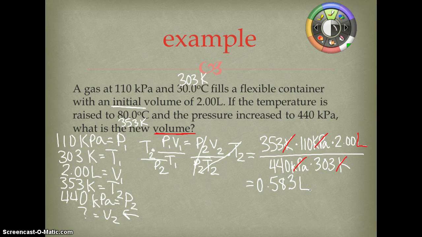And remember we said when pressure increases, the volume is going to decrease. So our answer makes sense.